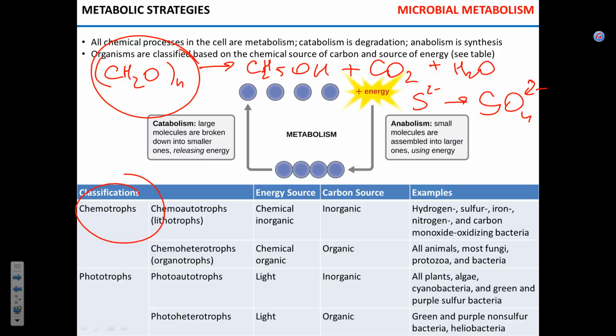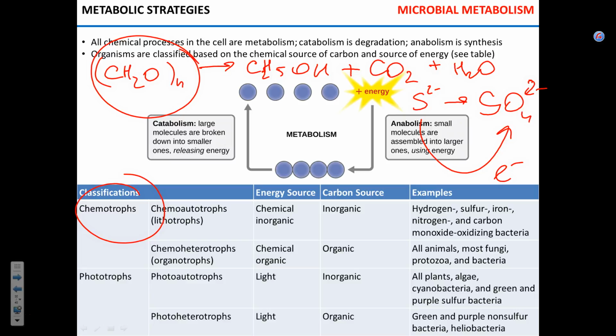Okay? So electrons go this way. Right? So if you look at any process in any microbial cell that is dealing with energy, it's pretty much always about transferring electrons.